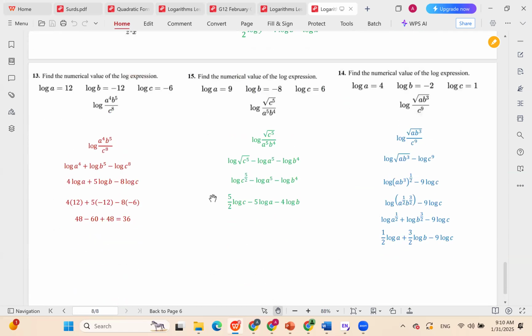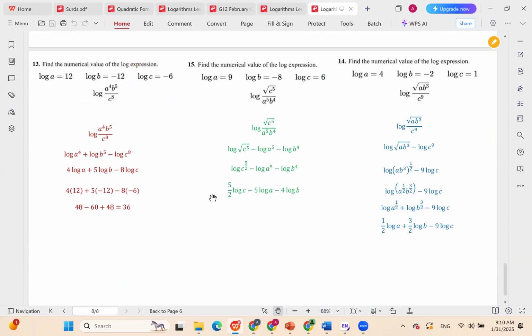For the final set in this video, we are given log A equals 12, log B equals negative 12, log C equals negative 6. Find log A power 4, B power 5 over C power 8. So we have log A power 4 plus log B power 5 minus log C power 8.